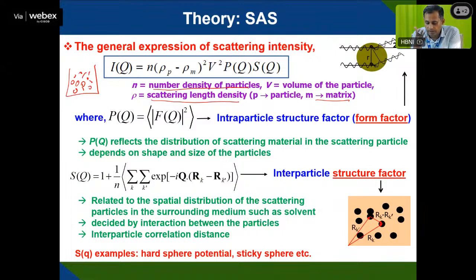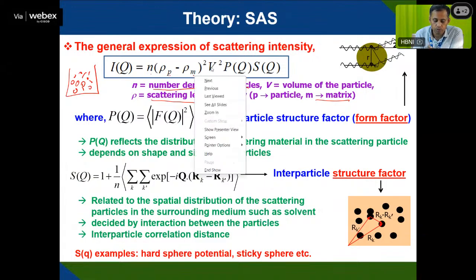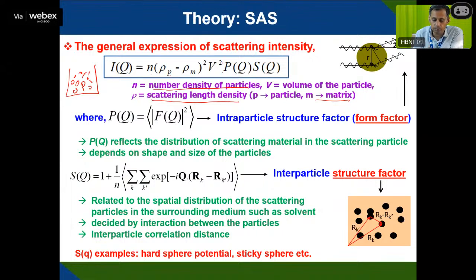That can be considered as a matrix. So you have I(Q) equals n into (rho of particle minus rho of medium) squared into V into P(Q) into S(Q). So P(Q) and S(Q) are two factors coming here. P(Q) is the form factor, and S(Q) is the structure factor.